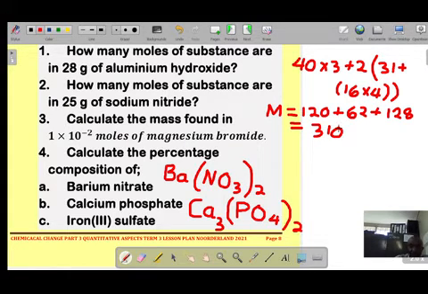Now, to get my percentage composition, I'm going to get each one separately. I'm going to say 120 divided by 310 times 100.